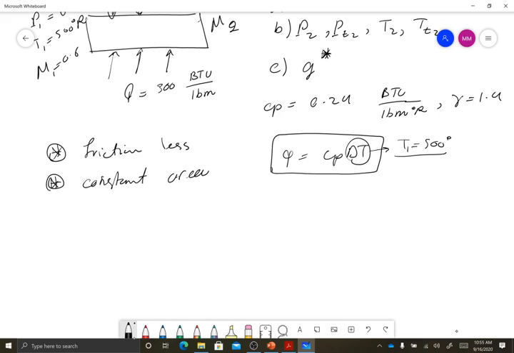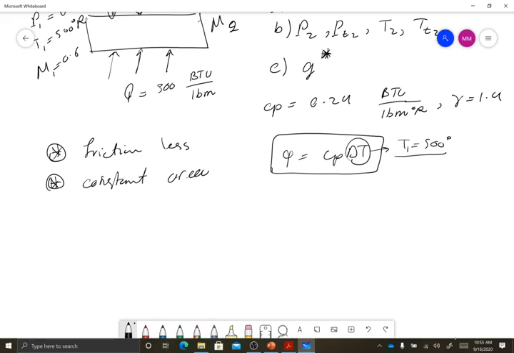This equation only applies to the total temperature, not pressure, right? Okay. So what did you do for pressures? P2 equals P1 over T2 over T1 to the gamma over gamma minus 1. So use the isentropic relationships.